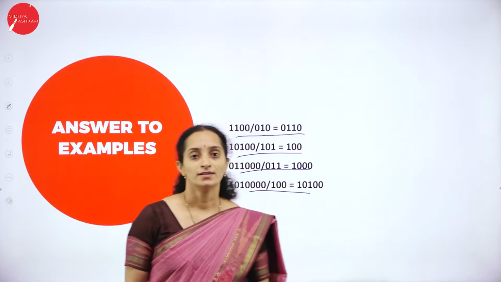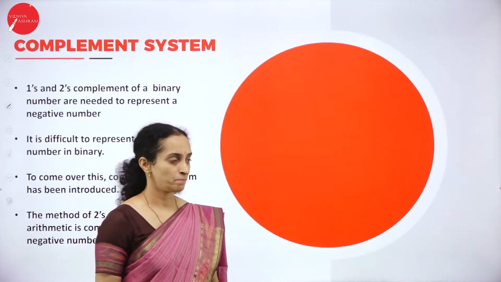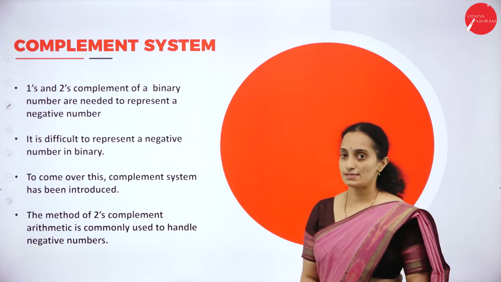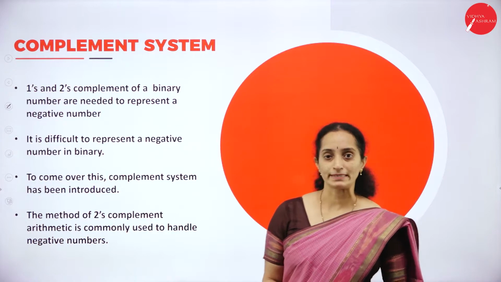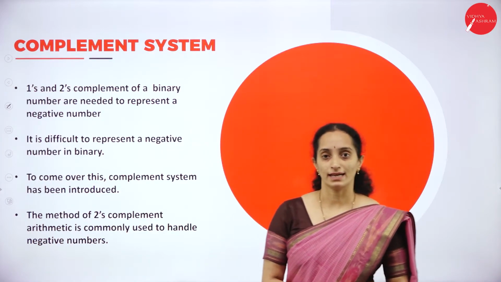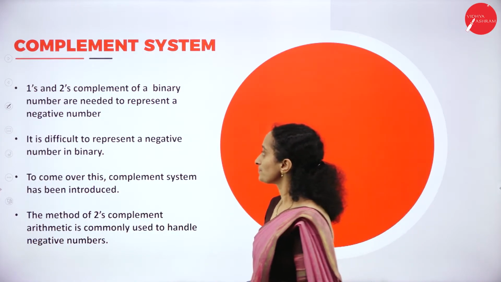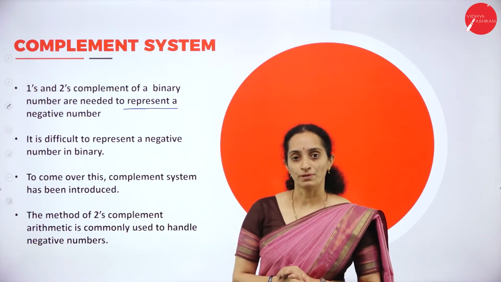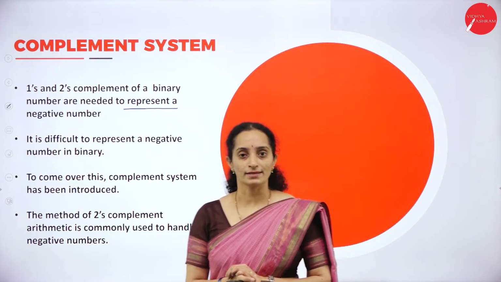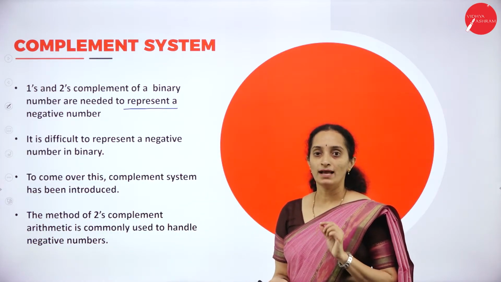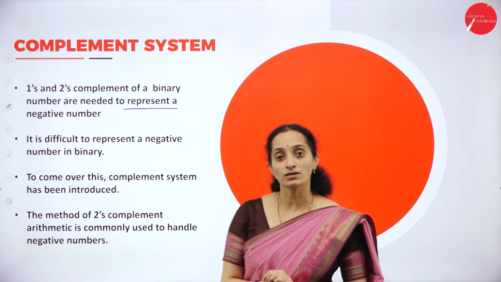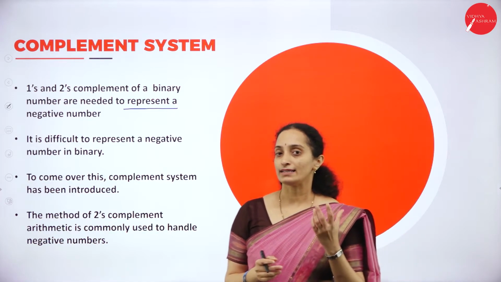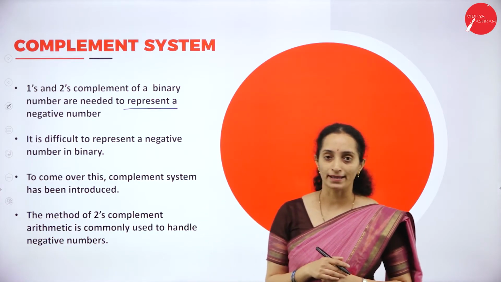Now to the next concept, that is all about the complement system. What is the complement system? Why do we need a complement system? The complement system is usually carried out for decimal as well as binary numbers, because most of the representation will be done either in decimal or in binary numbers.